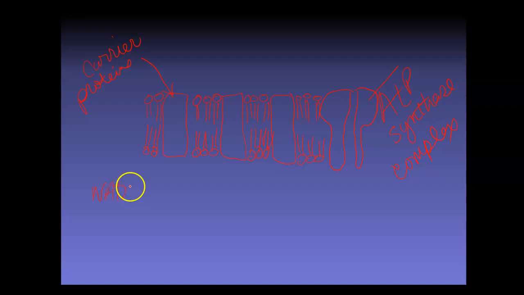So here we've got NADH that will come in and get oxidized to NAD plus, losing those hydrogen ions. And this hydrogen ion will get picked up and pumped into, for example, for the mitochondria, into that inner membrane space. But I'll go into full detail of this in a later video, but just to kind of give you an idea of what that looks like.